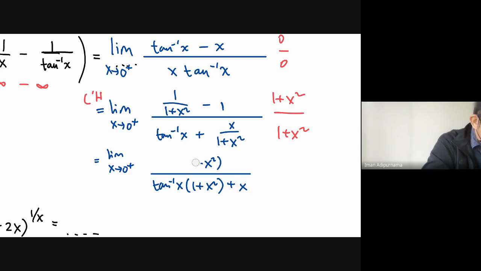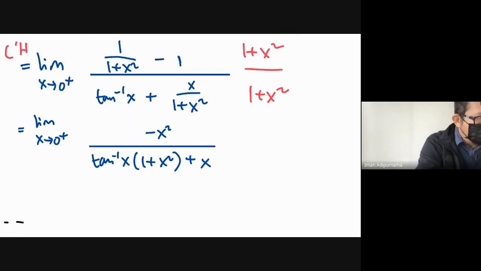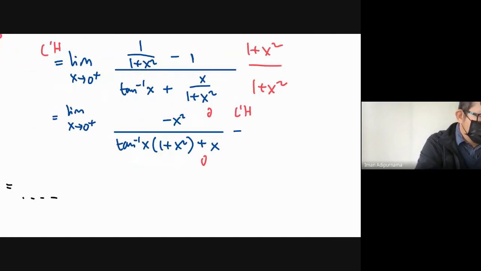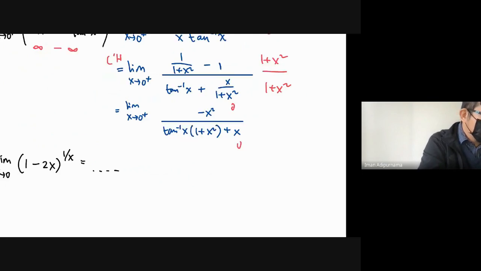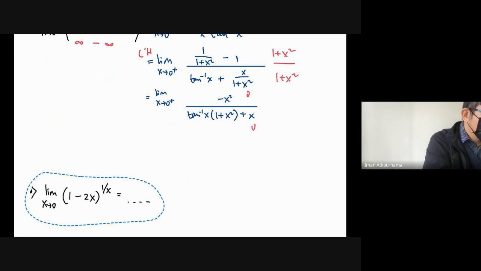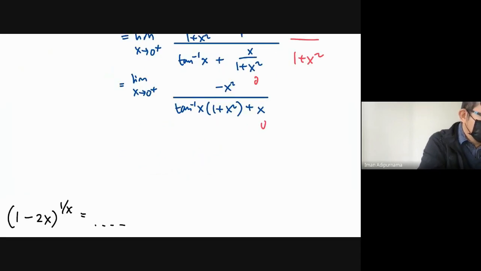And this is, I think, we can write directly minus x squared. Yeah, it's long. Okay, this is 0 over 0 again. So L'Hopital, one more. Let me write maybe down outside here. Take the L'Hopital.